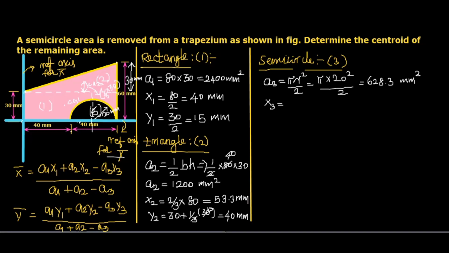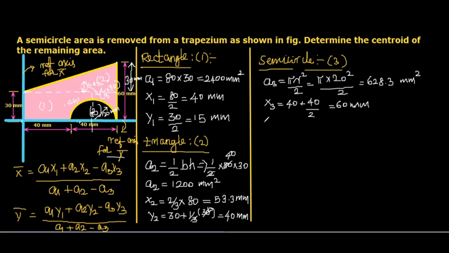So it will be CG3 here, at a distance from here to here of 40. And then the radial part will be 20, because it is 40 by 2. So 40 plus 20, we will get X3 as 60 mm.